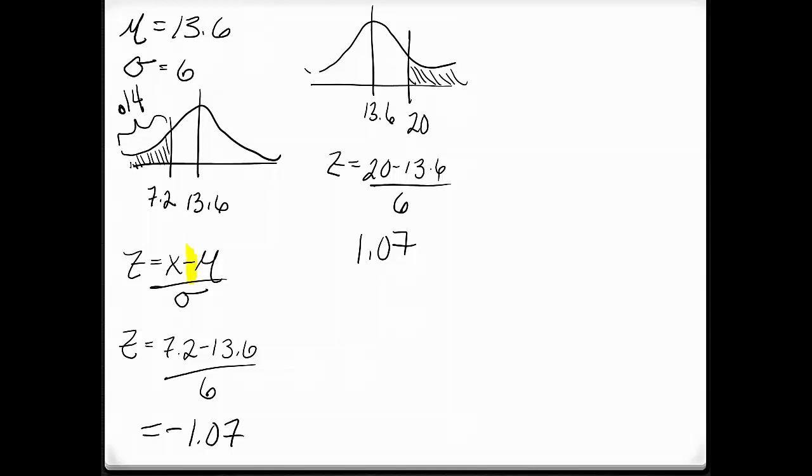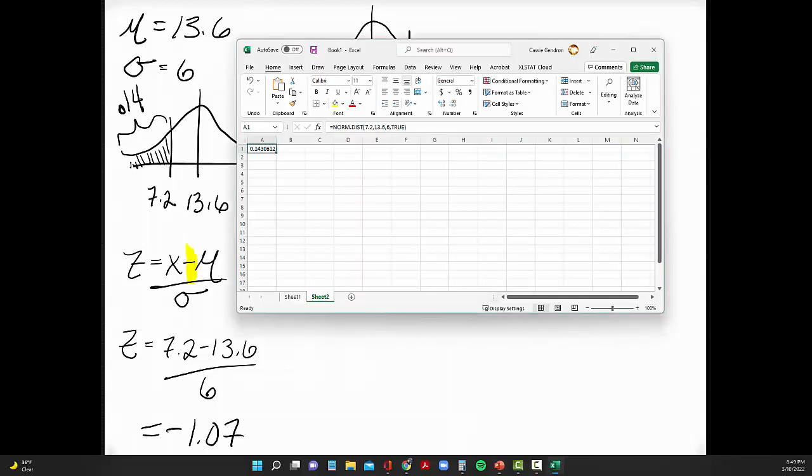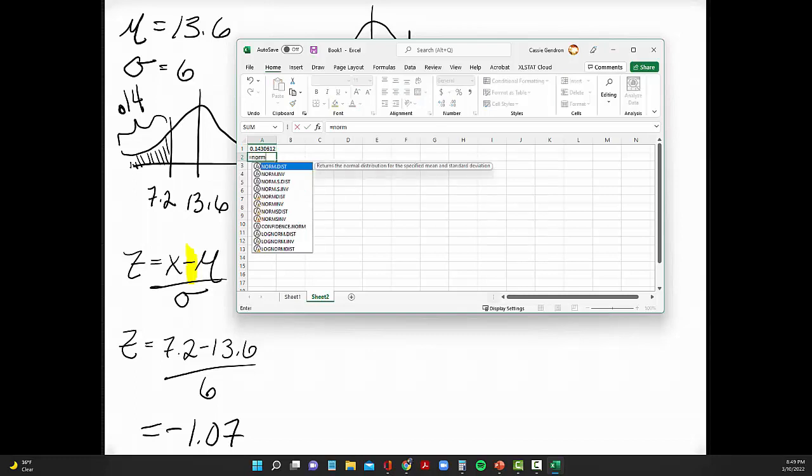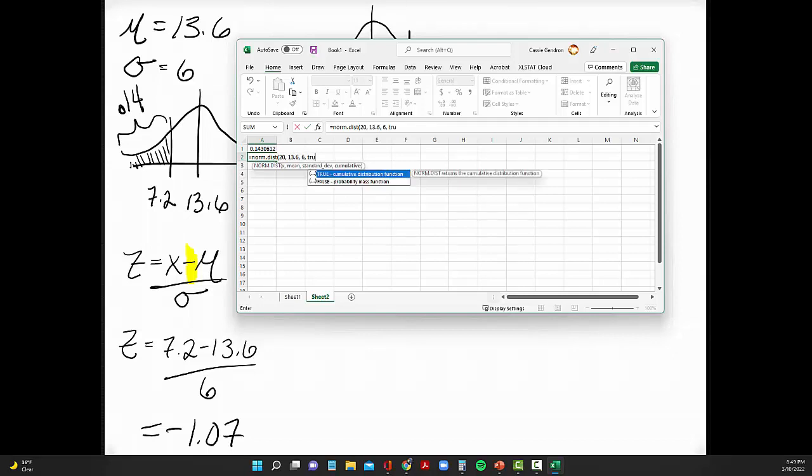So to the Excel, equals NORM.DIST x 20, 13.6, 6, true. Now that's going to give me everything up until 20.